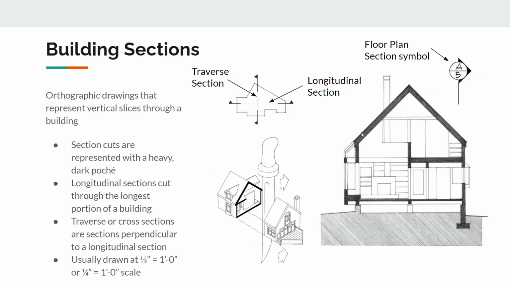All right, and if you look over here, you can see that a little bit better. This is the actual orthographic representation of the section. All right, and the poche, like I said, that is showing the actual walls and floors that are being cut through by the section.